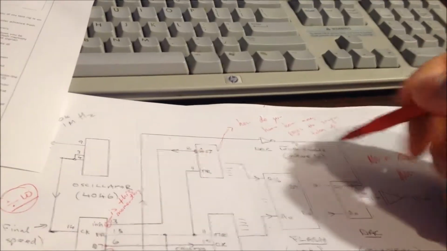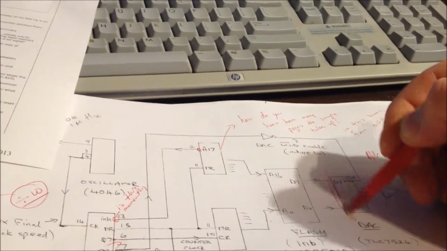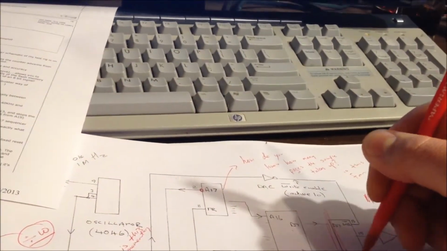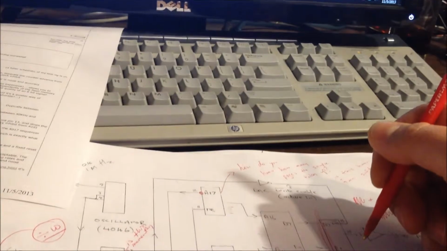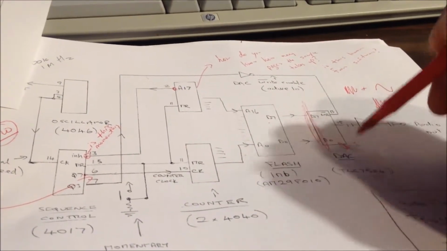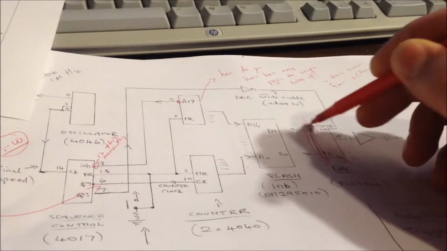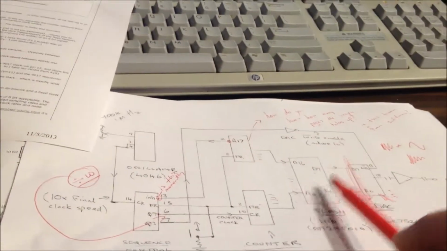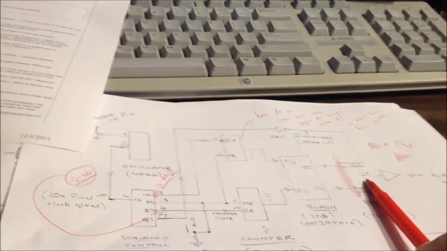So, what I'm kind of wondering about is the data latching on the DAC. Does the DAC not have to have some kind of clock signal if it's going to be latching? Because I thought if you feed in, say, 44.1 kilohertz as a clock signal to the counters, then that's going to be the speed out of your flash, which is going to determine the output.